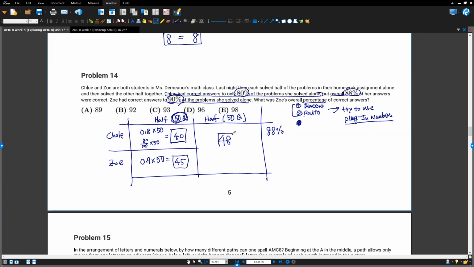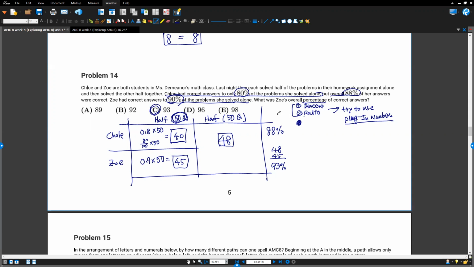This is already the 48 over here. Corey should be 45 plus 48. What is that? 48 plus 45 equals 93. He made 93%. Yes. So the overall percentage of correct answers will be 93.